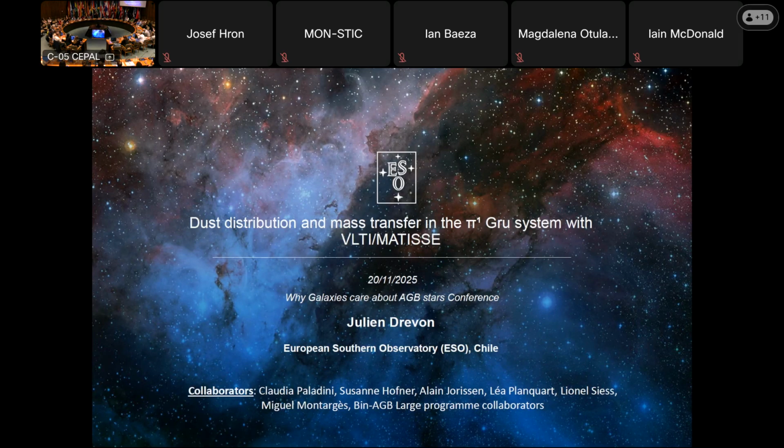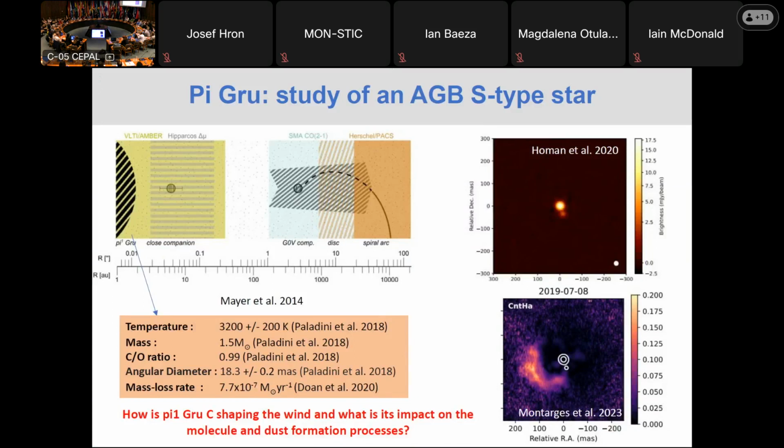So let's talk about the Pi1 Gru system first. It's been a while that we know that we have a binary system in Pi1 Gru. We had a companion further away, around 3 arcseconds. And we also know that we have these spiral arms.